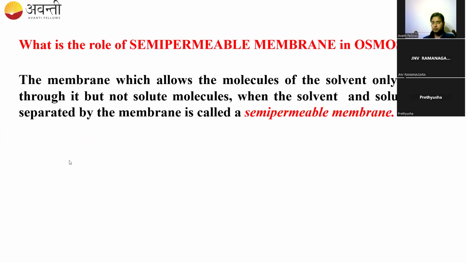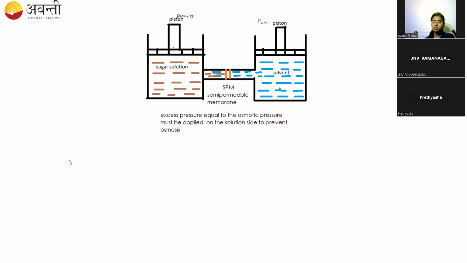It is the membrane which allows only the molecules of the solvent to pass through it, but not the solute molecules. When the solvent and the solution are separated by the membrane, only the solvent molecules can pass through, because very small holes are there, so only water molecules can pass. That is called a semi-permeable membrane.